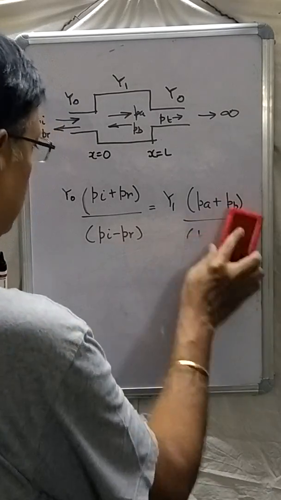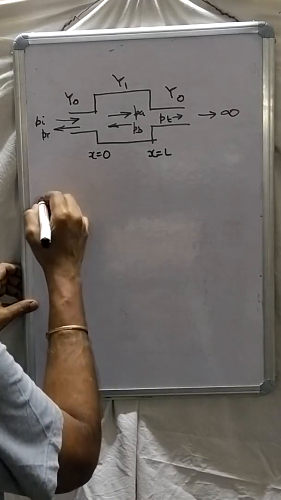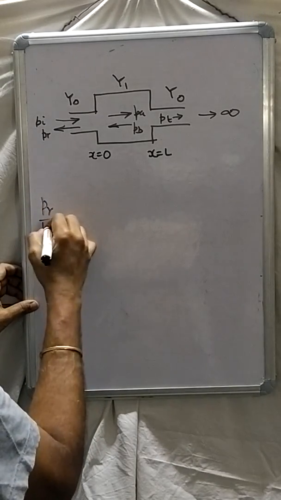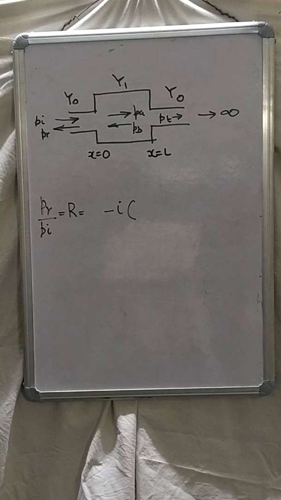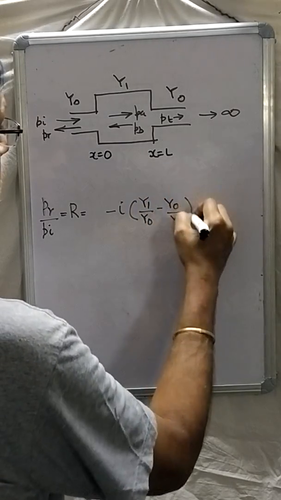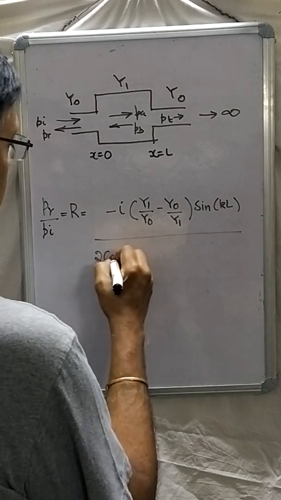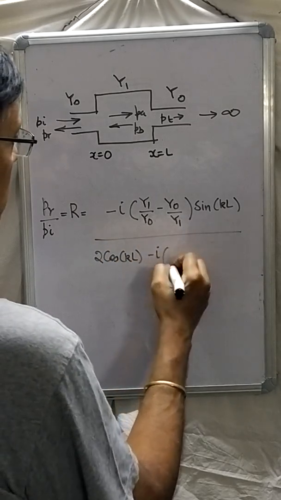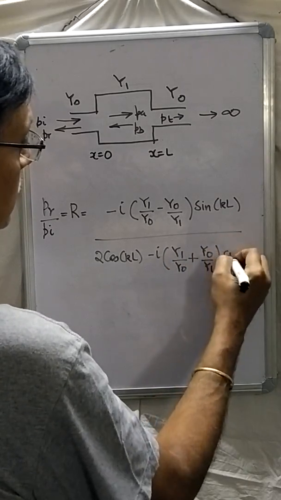Once we know that, we can then find the transmission coefficient from the expression. So let's see what is PR by PI, and I'm just going to write this down. I request you to go through the algebra, do the elimination, and prove to yourself that PR by PI, which is the reflection coefficient, can be written in the following form: minus I times the following expression, I have Y1 by Y0 minus Y0 by Y1 sin KL, divided by 2 cos KL minus I Y1 by Y0 plus Y0 by Y1 sin KL.